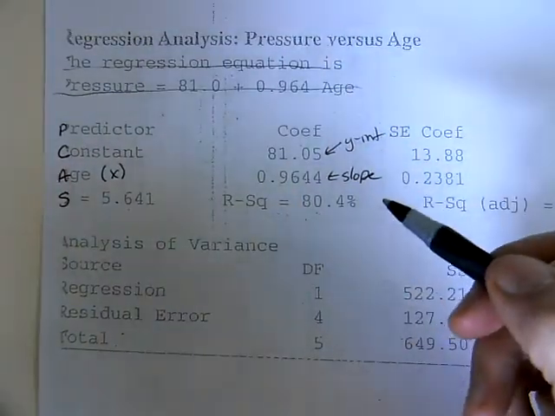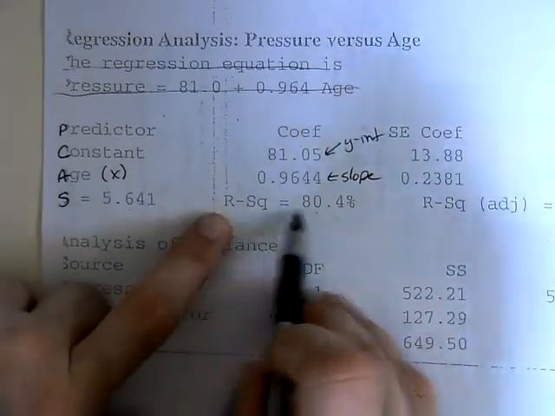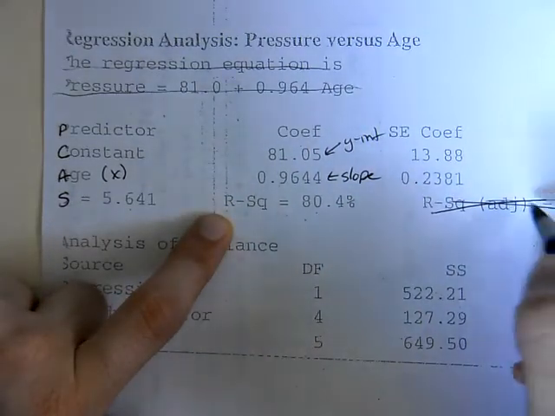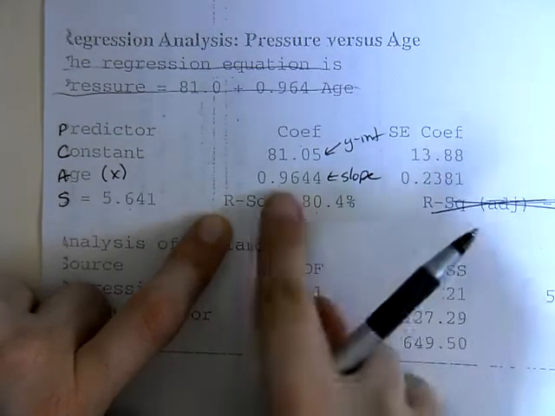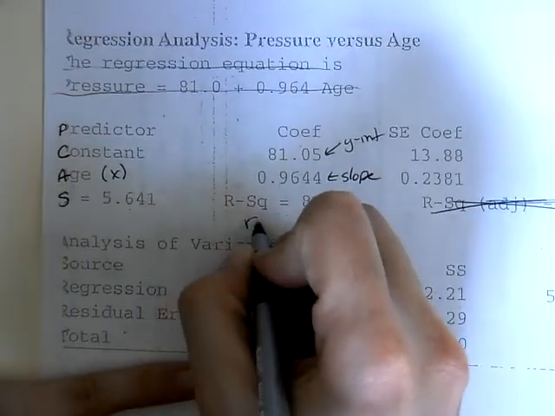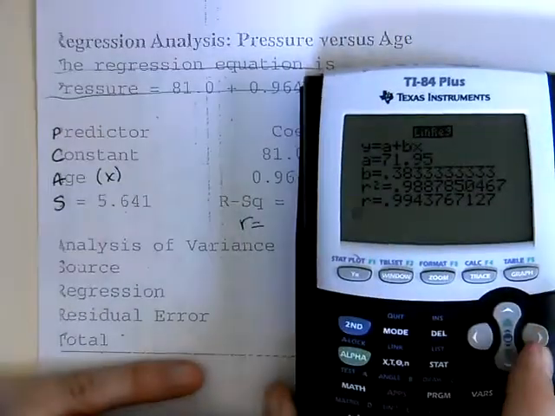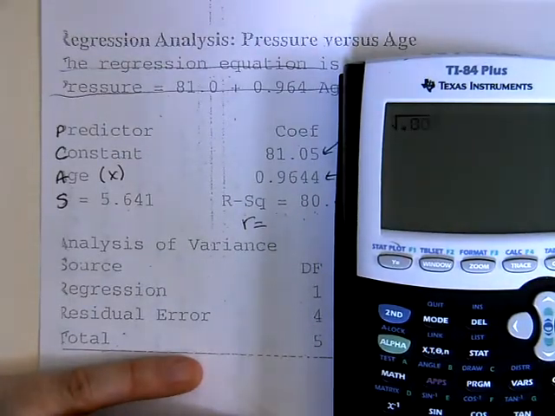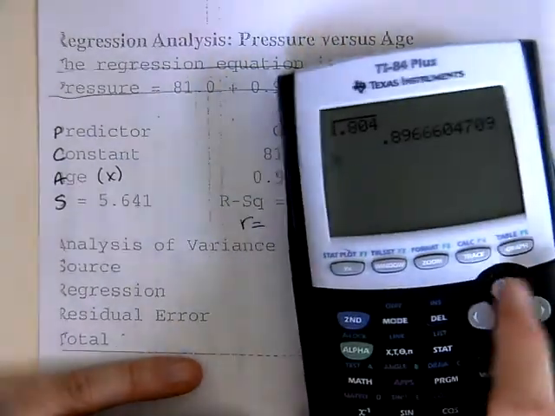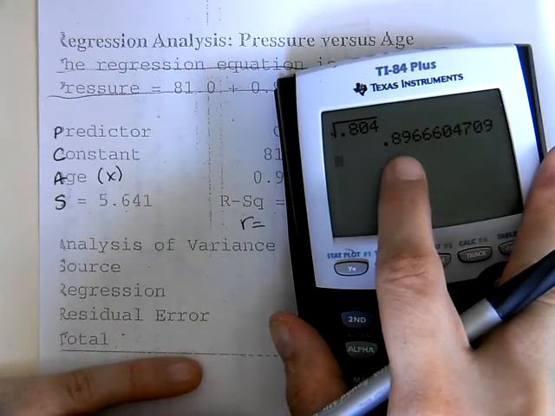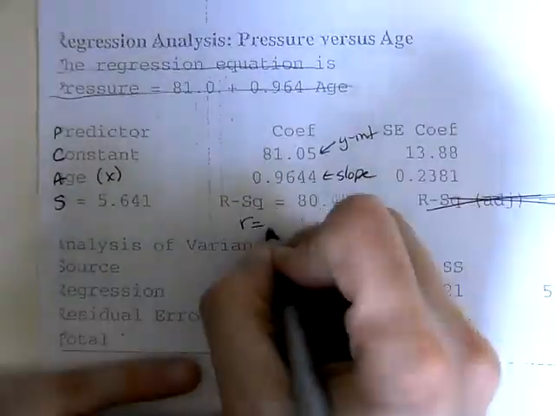And then the only thing we really know so far is R. So don't ever use R squared adjusted. I'm not exactly sure what it is. Don't ever use it. So this is R squared. What I would do to find R is take the square root of 0.804. So my R value here is 0.8967.